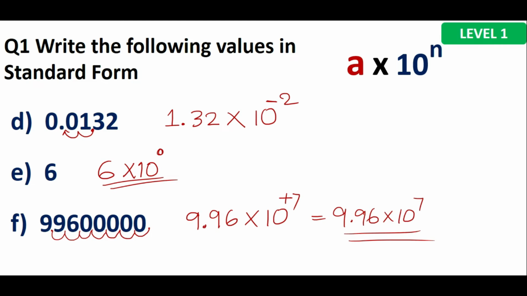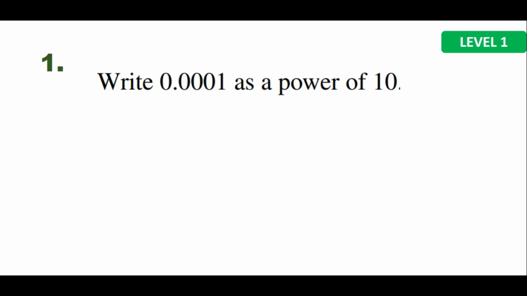Now we'll try to solve some questions from past papers. Question 1. Write 0.0001 as a power of 10. I'll first try to write it in the form a times 10 to the power of n.